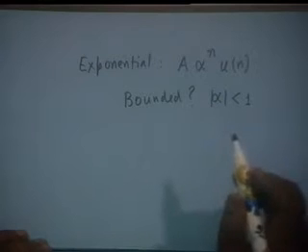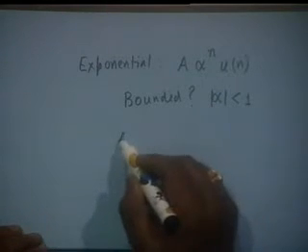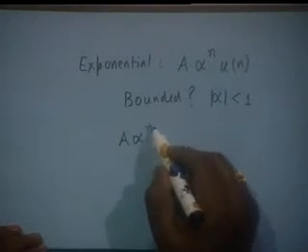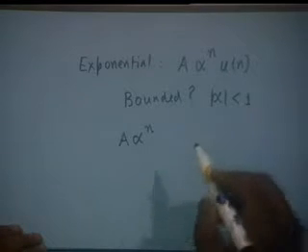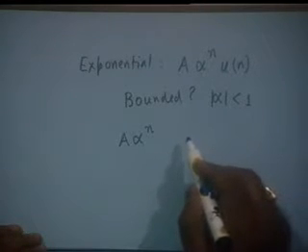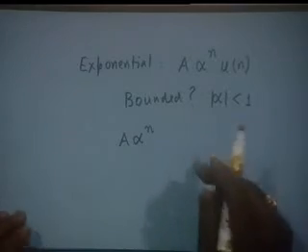If it is not right sided, if we take the general signal a alpha to the power n, then is this bounded? Are there some conditions which will make it a bounded sequence? We need to know whether alpha magnitude is greater than 1 or less than 1.